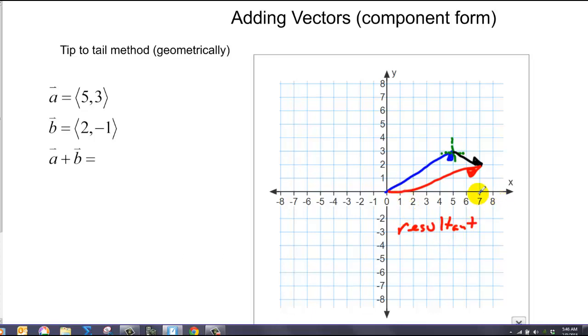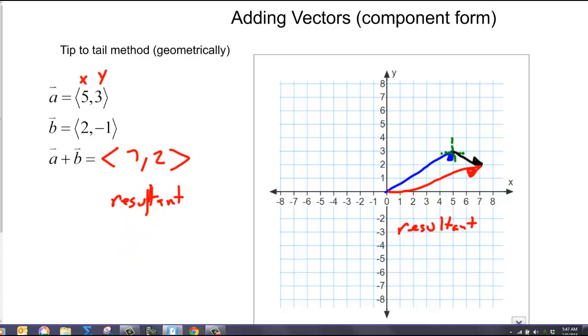And it has a rectangular component form of 7 over and 2 up. So my solution is 7 over and 2 up. And you'll see, like I said, the geometric and algebra kind of work hand in hand. You'll see that if I just add the x components and the y components, I get my resultant. So it couldn't be much easier.